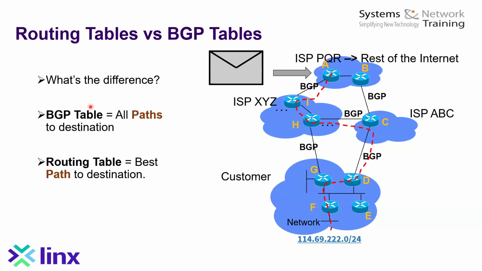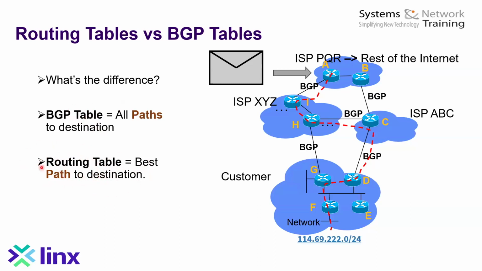So although they know about all the different paths, they would choose a particular path which is the best one, maybe the shortest path, or we can do some path manipulation to tell the router what is the best path. And so they put the best path into their routing table. So the difference between the BGP table and the routing table is that one has all the different paths and one has the best path.